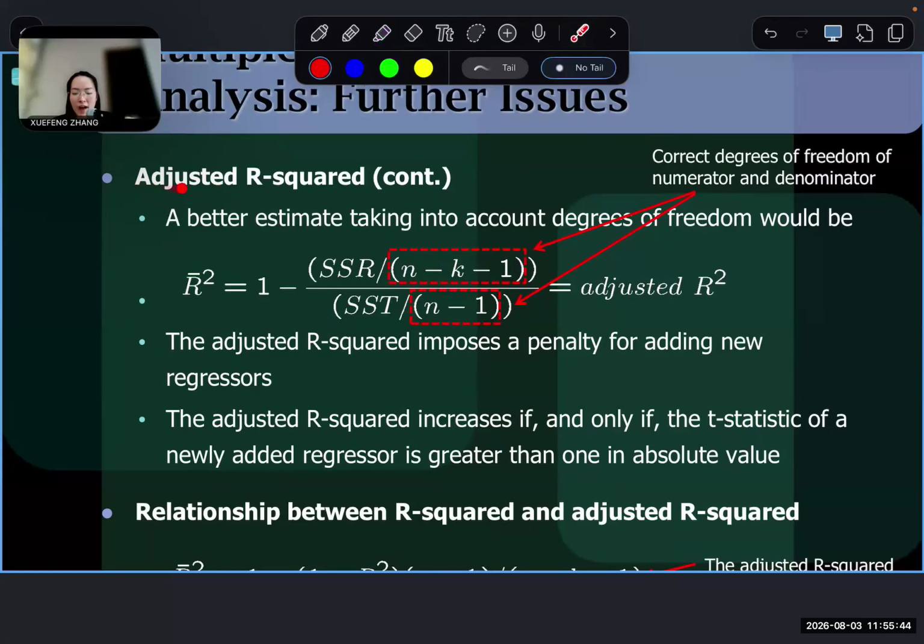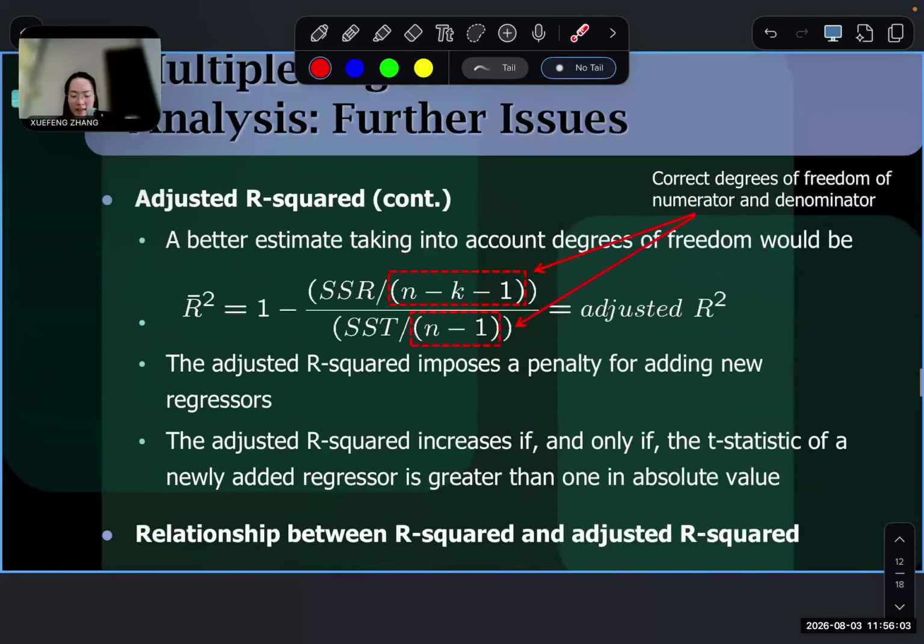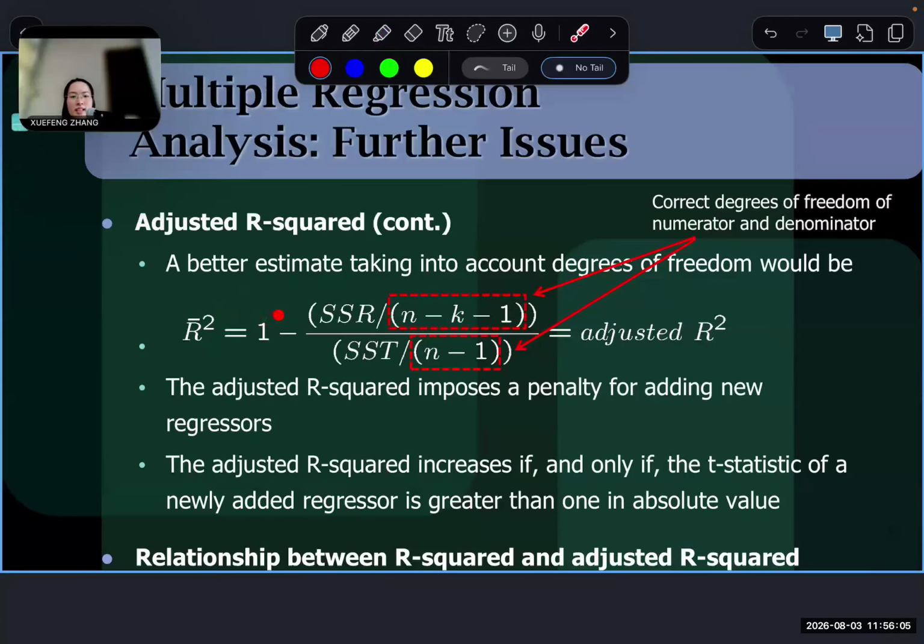That's why we have our adjusted R squared, a better estimate taking into account degrees of freedom. So there's R squared bar. This is adjusted R squared, okay? So we have a new family here. This is the original R squared, and this is the adjusted R squared. Let's look at the formula.